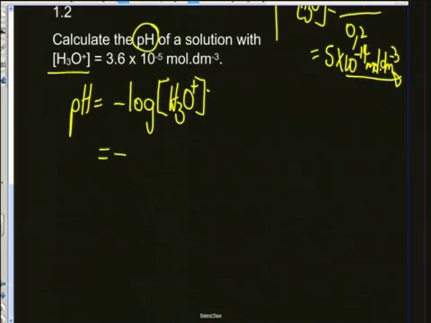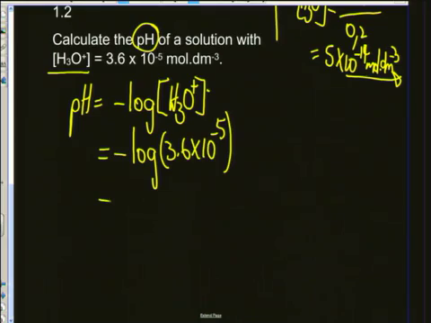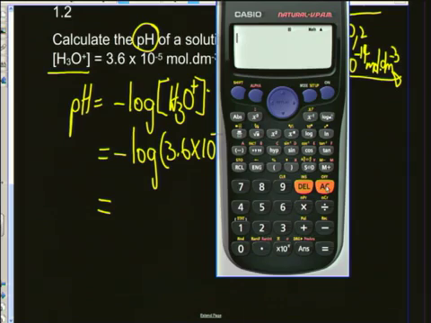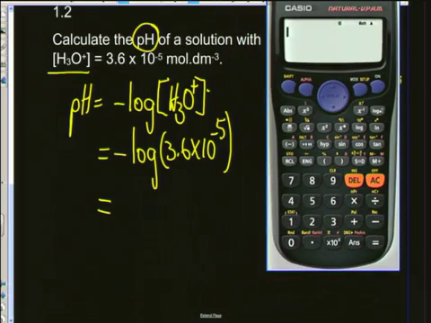So that will be equal to minus log the concentration, which is 3.6 by 10 to the power minus 5 mole per cubic decimeter. Once again, you bring your calculator on because you just want to get that answer. So this is equal to minus log of 3.6 by 10 to the power minus 5. You can close the brackets if you want to, and then we get the answer.